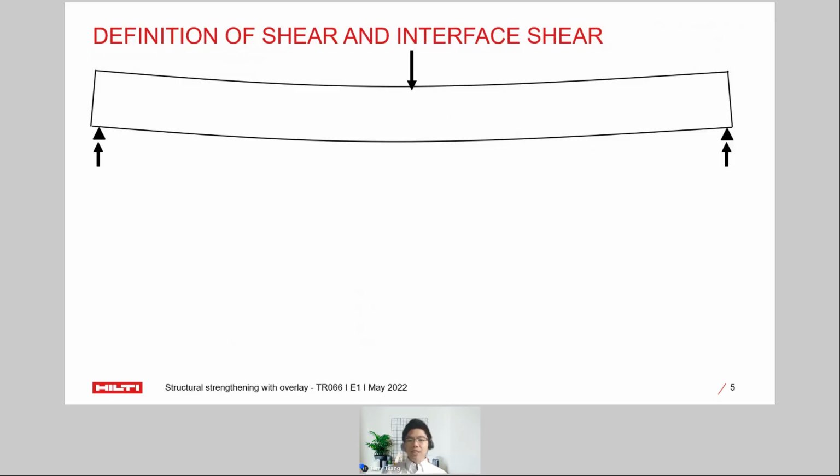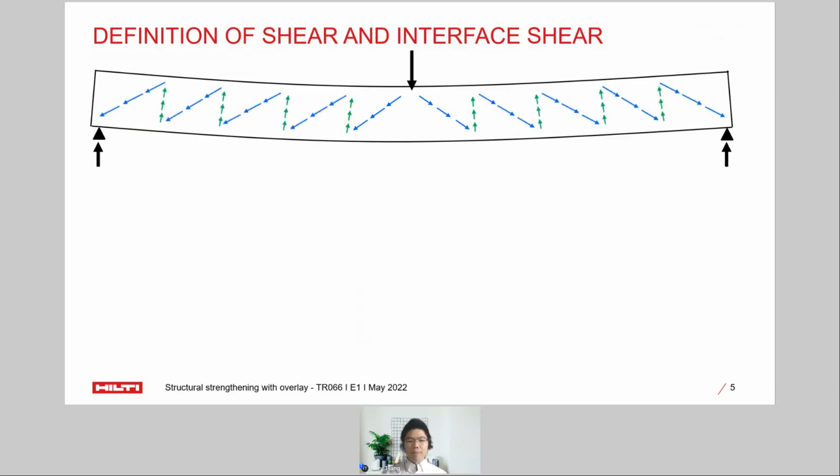This force has to go to the support, but it can't go directly to the support itself. So the force will go through the beam, up and down, up and down, instead of punching through the concrete until it reaches the support. The green arrow here represents the shear load. Shear load tends to fracture the beam. In this case, we can represent it in a diagram, the shear load over the beam.